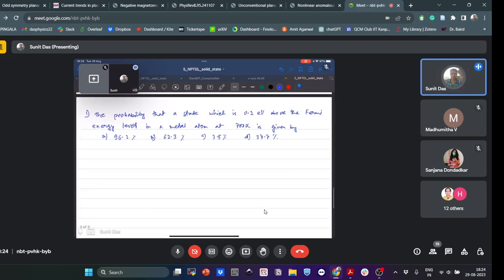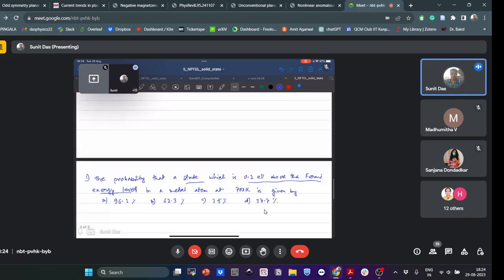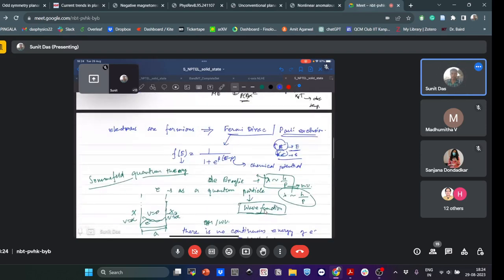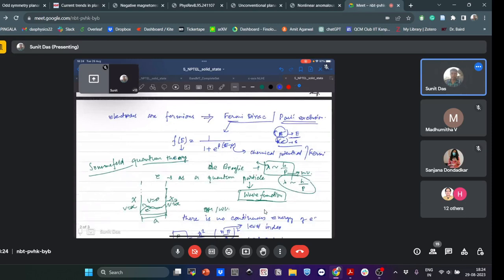Okay, so the question is the probability that a state which is 0.2 eV above the Fermi level. Fermi energy is just the chemical potential in this expression. So this is chemical potential or Fermi energy. There is a subtle difference, but let's not go there.